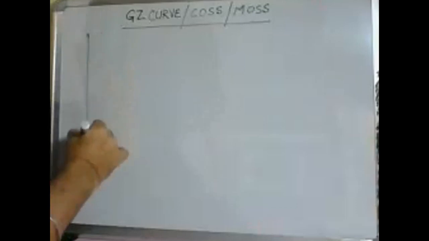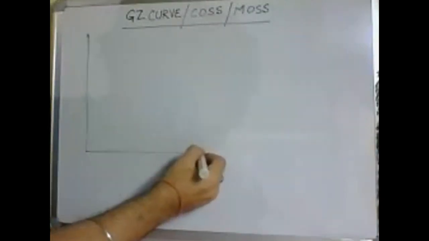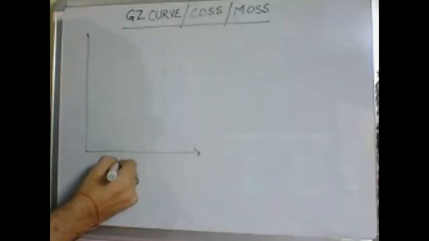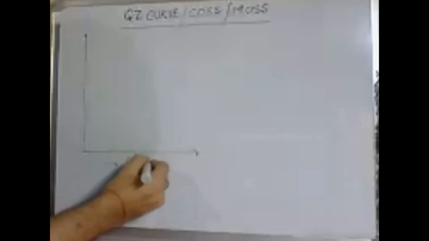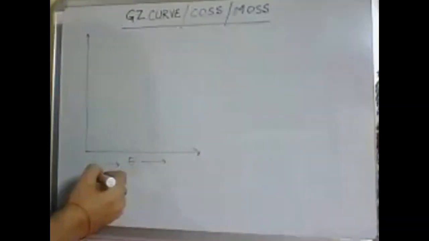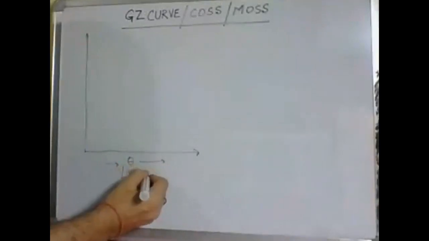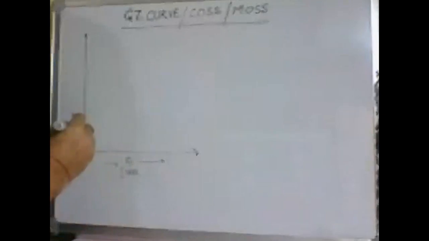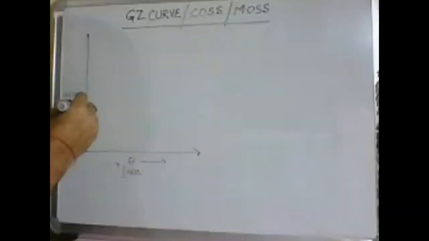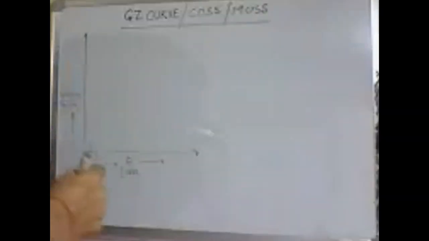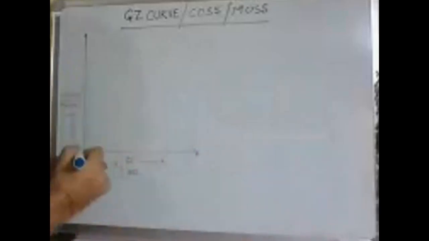Now, what exactly is a GZ curve? This is theta, the angle of heel. This is corrected GZ in meters.